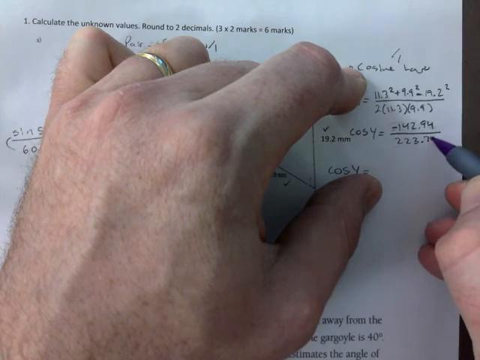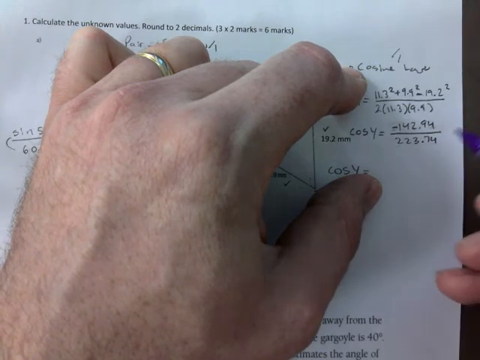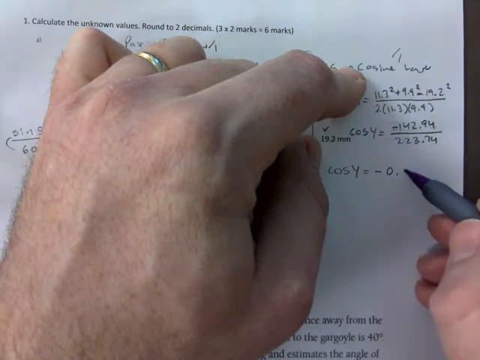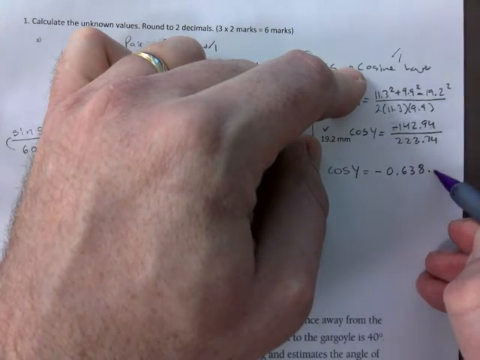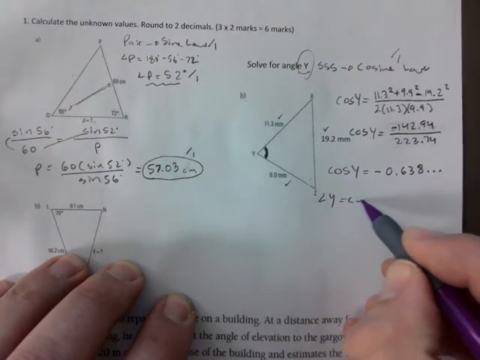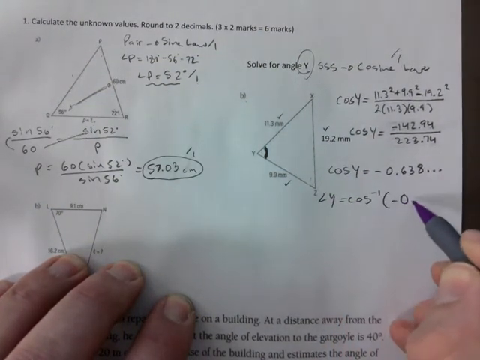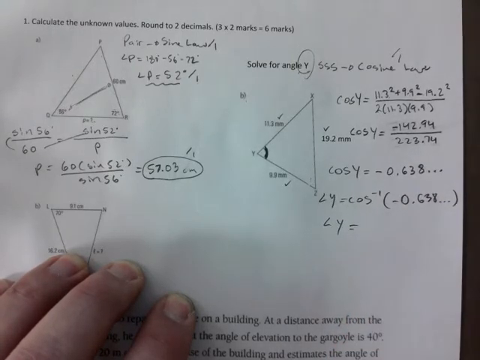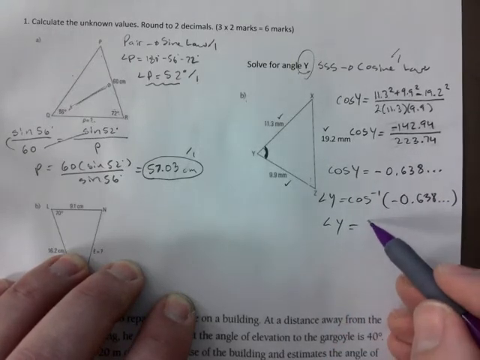I was just checking if you were awake. Yeah, you are. Okay, so negative 0.638. That keeps going. Now it's angle Y is cosine inverse. Please show that step if you want full marks. And now we know it's obtuse.